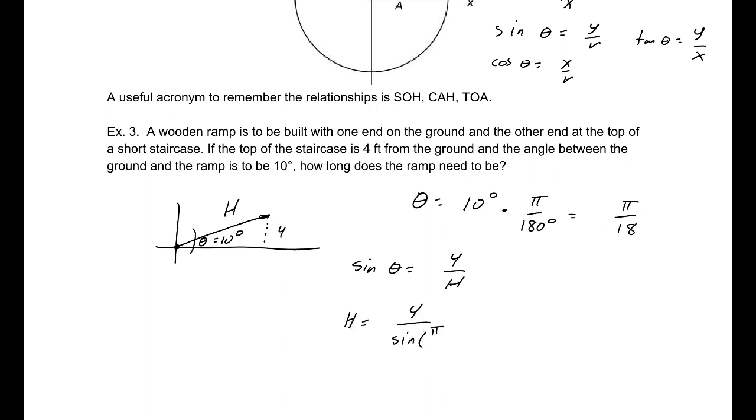It is pi over 18. 4 over sine of pi over 18 is approximately 23.04 feet.